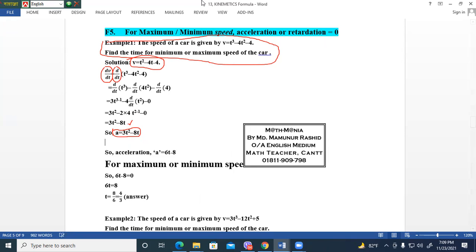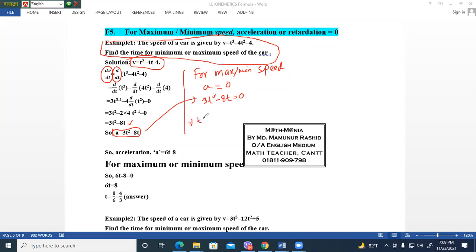For max or min speed, acceleration equals 0. What is acceleration here? 3t square minus 8t equals 0.